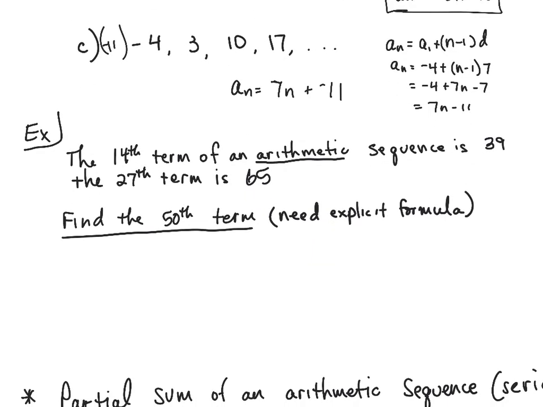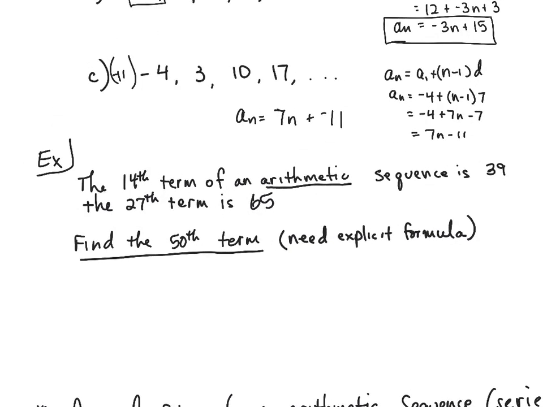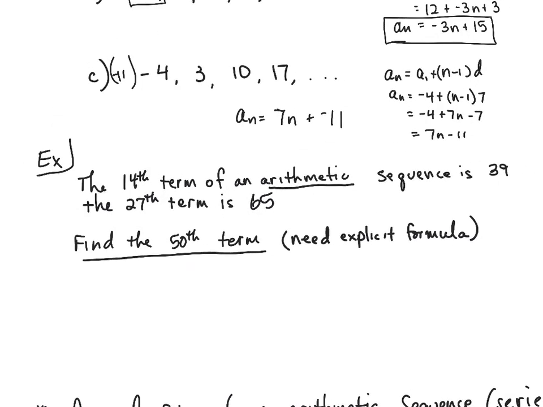So one thing we can do to help with this, since we need the explicit formula, is to think about this in terms of function notation. And I'm not talking about f of x, I'm talking input-output, or an input-output table.